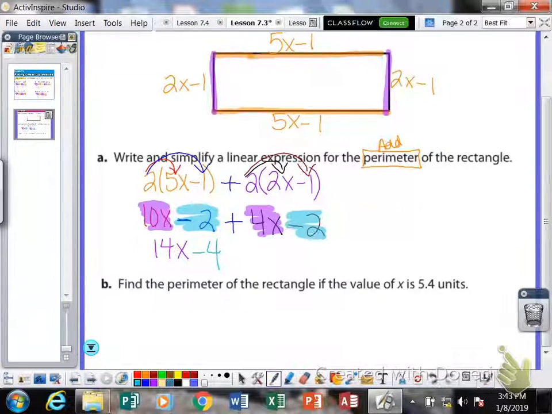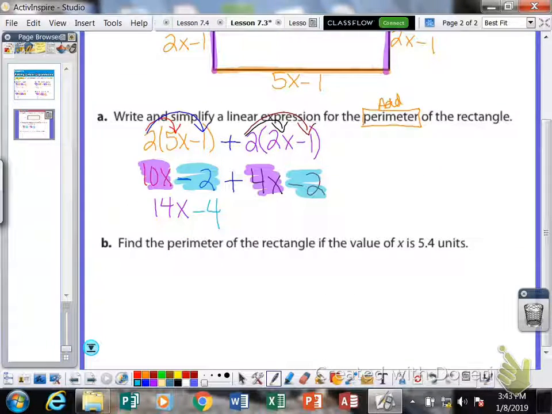Now, we're going to take that expression because it says find the perimeter if the value of x is 5.4. So we have 14x minus 4, and x is 5.4. So 14 times 5.4 minus 4.